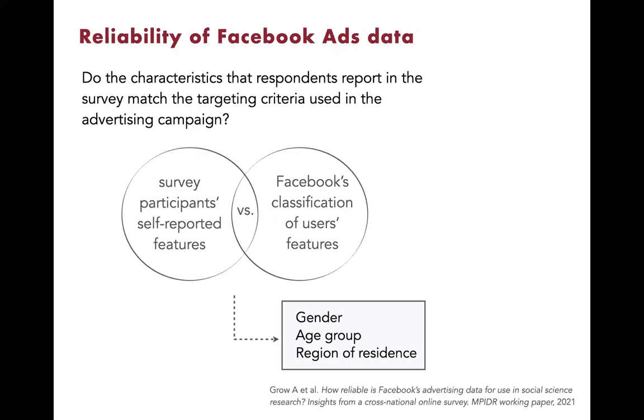So in this study, we took advantage of the data we collected in our survey and the variables we used to target Facebook users to measure this mismatch between the two.